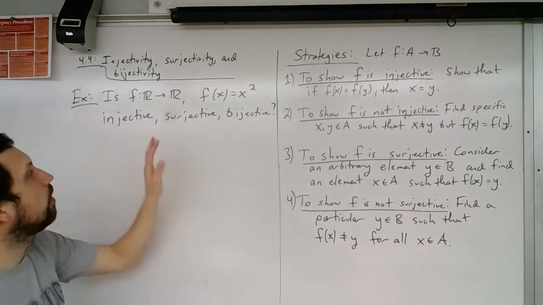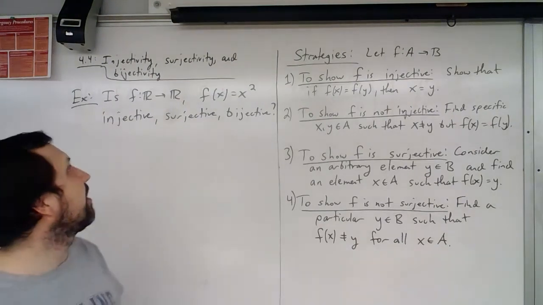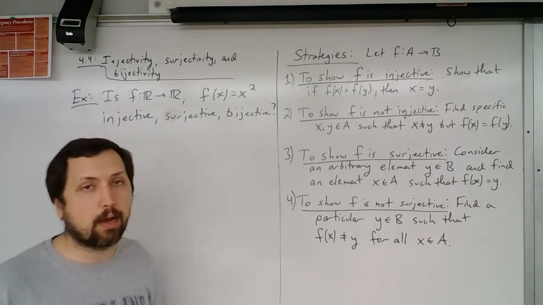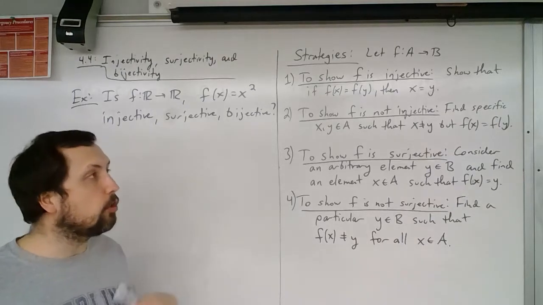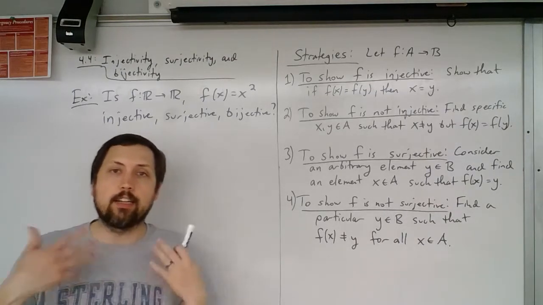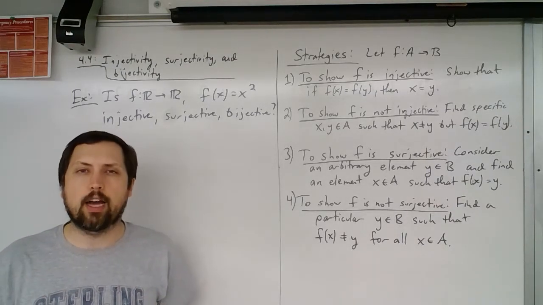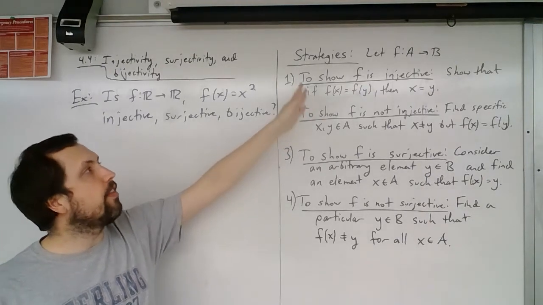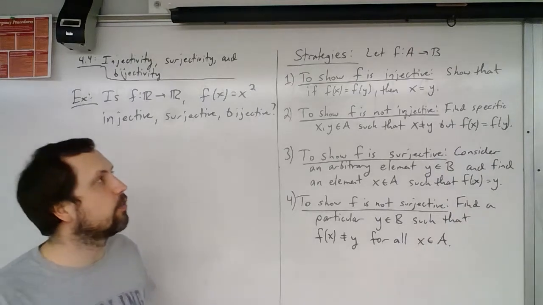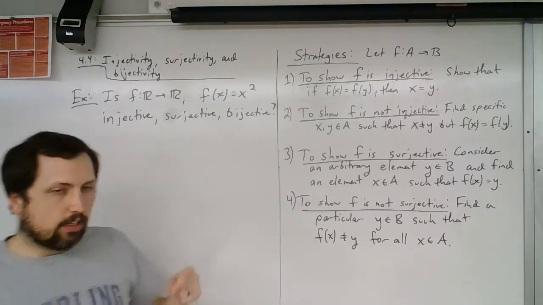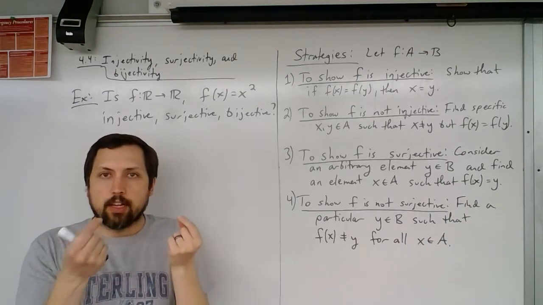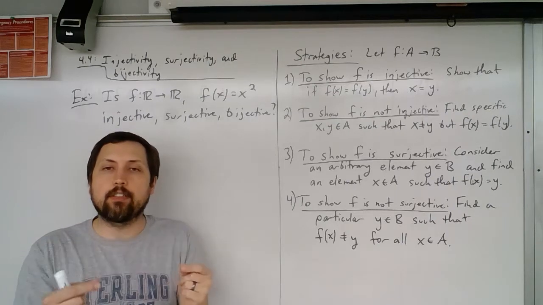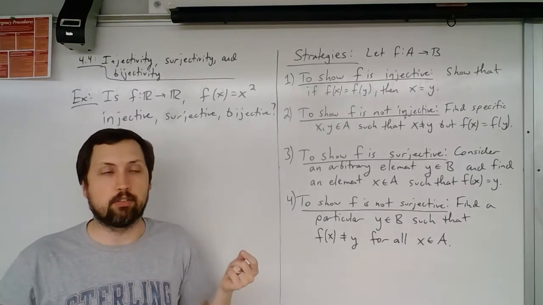So if we take a look at this one, f of x equals x squared, is it injective, is it surjective, or is it bijective? Usually what will happen is that you'll start to develop some intuition behind these to figure out which one we want to go with. To figure out if it's injective, the question is, if I plug two elements into this function, am I always guaranteed to get different outputs?